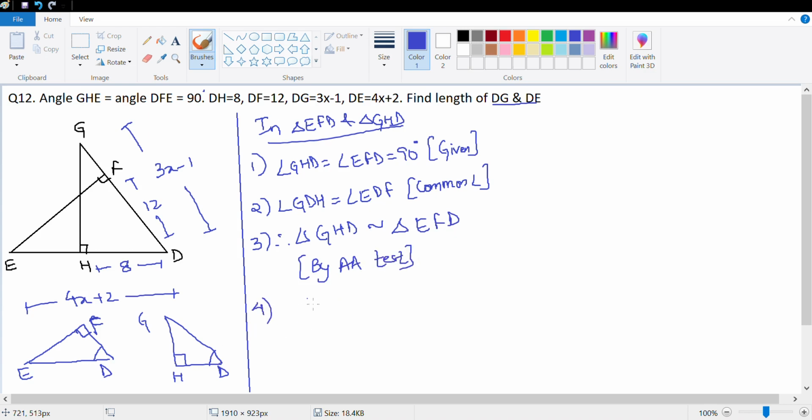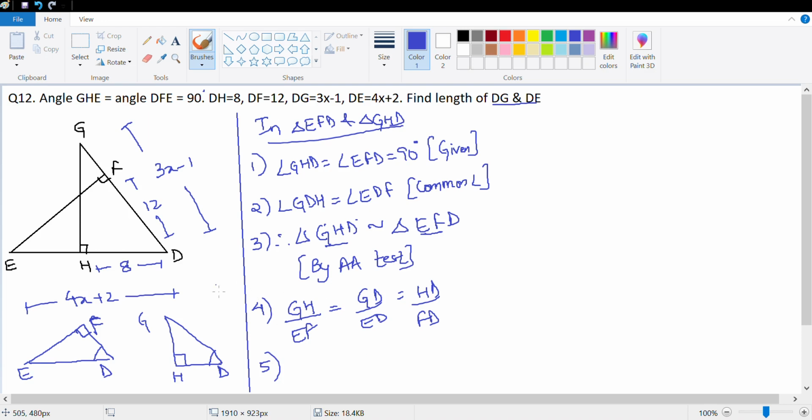Next, let's look at the proportion. The proportion would be GH upon EF, the first two here and the next two here. Then GD, 1 and 3 here and 1 and 3 here, which is ED, 2 and 3 here, which is HD, and 2 and 3 here, which is FD. Let's just write what all information we know.